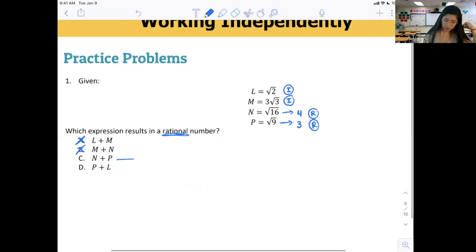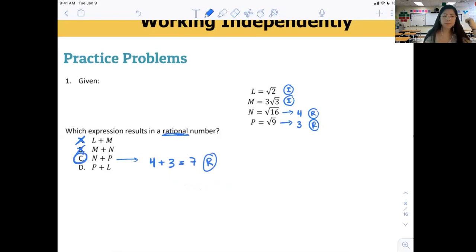How about N plus P? 4 plus 3. Rational. That's 7. So this is my rational number. That's the only one, because let's check out P and L. P plus L, that's going to be 3 plus the square root of 2.